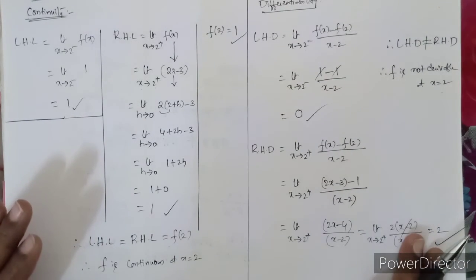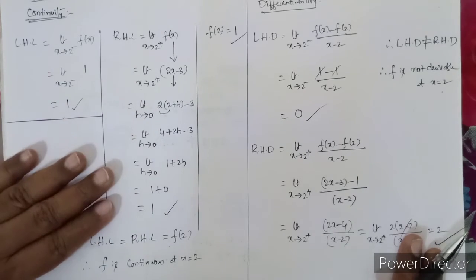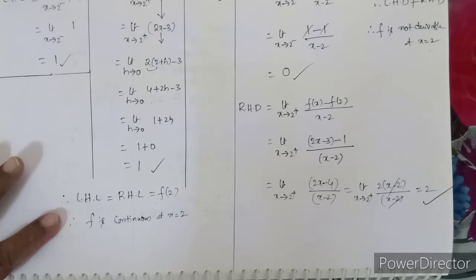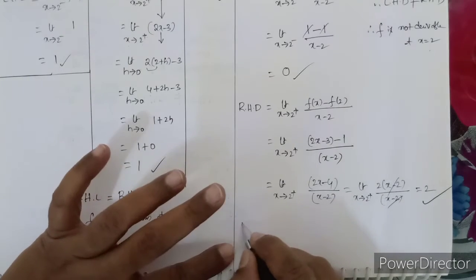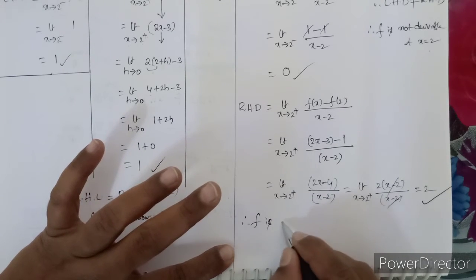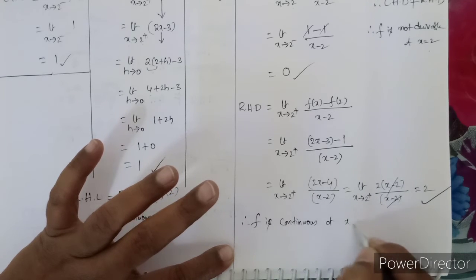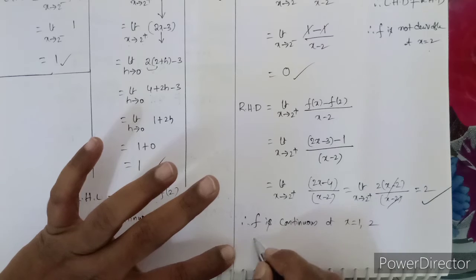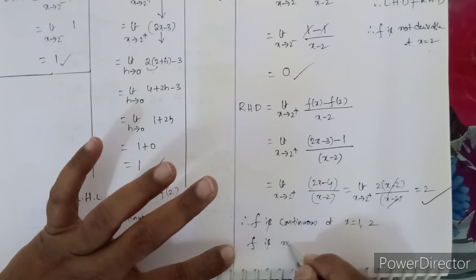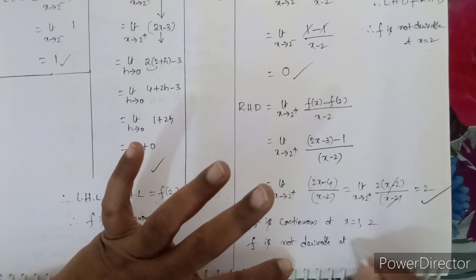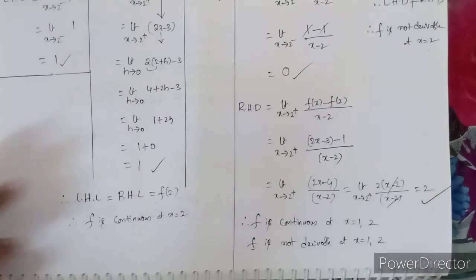Continuous but not derivable. At x equal to 1 also we have seen this. Therefore, f is continuous at x is equal to 1 and 2. F is not derivable at x is equal to 1 and 2.